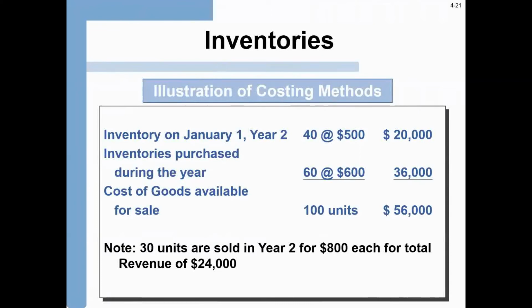There is an opening balance of inventory of 40 units, which we previously purchased at $500, and now we are purchasing one new item. The next purchase is of 60 units. But we are selling over here a total of 30 units. When we sell 30 units, we will calculate accordingly the cost of goods sold, the sales and the balance.